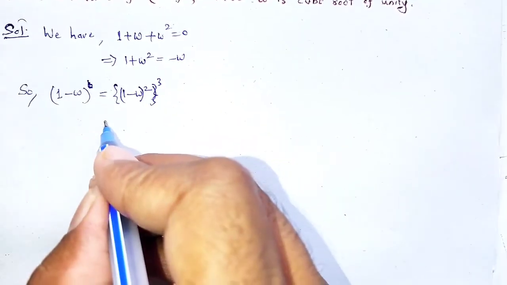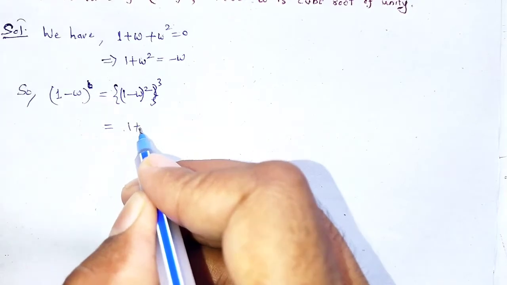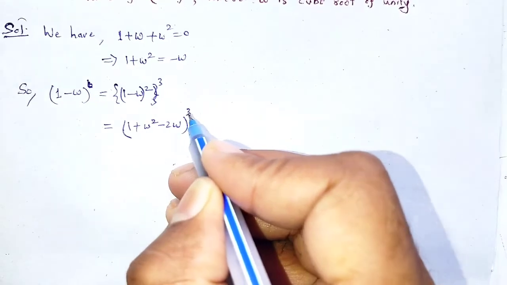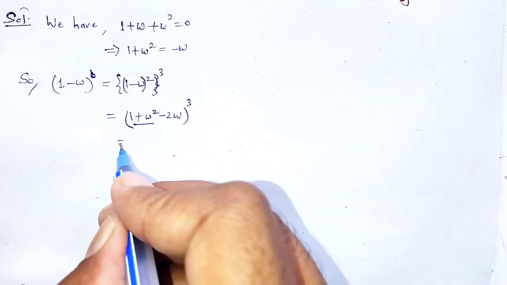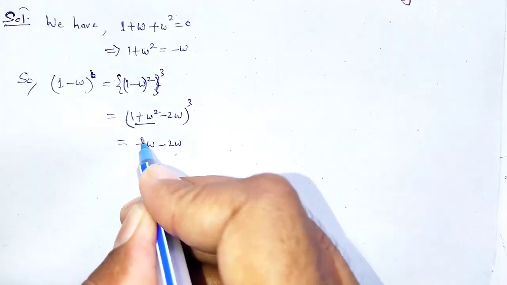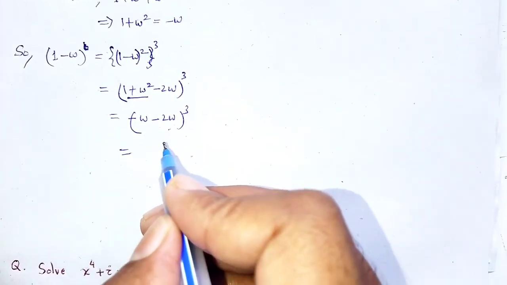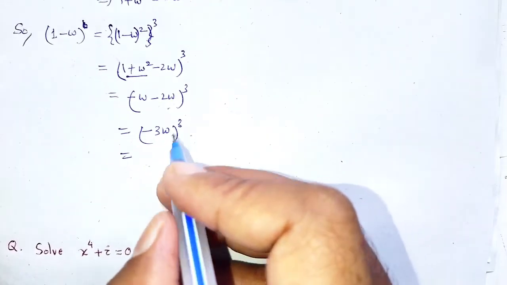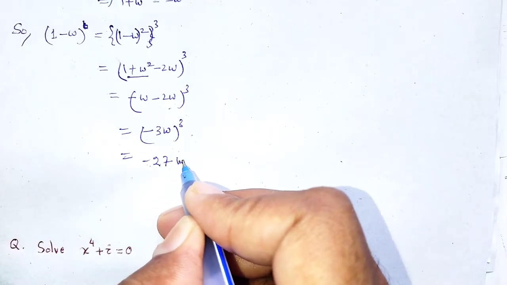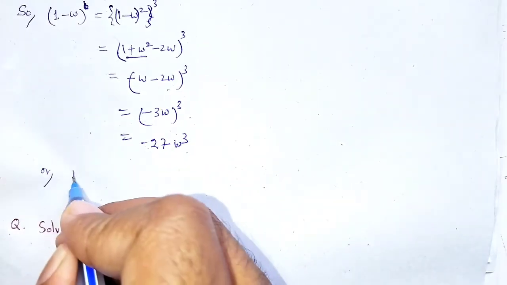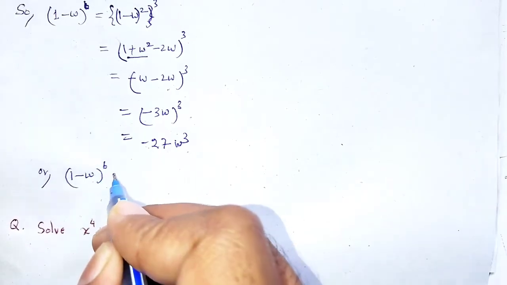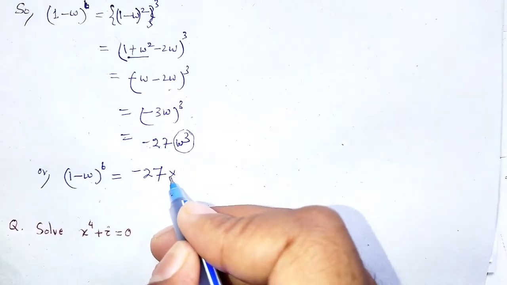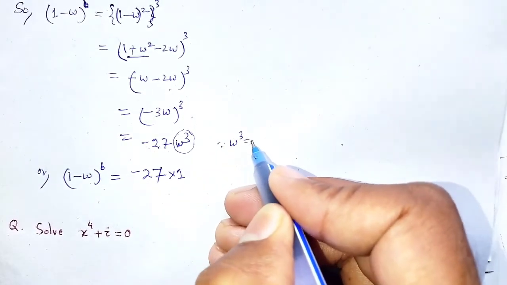(1 minus omega) square can be expanded as 1 plus omega square minus 2 omega. In place of 1 plus omega square, I write minus omega minus 2 omega, which is equal to minus 3 omega, so the cube results in minus 27 omega cube. Therefore, (1 minus omega) to the power 6 is equal to minus 27 omega cube, which results in minus 27, as omega cube is equal to 1.